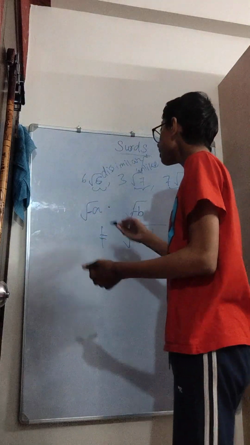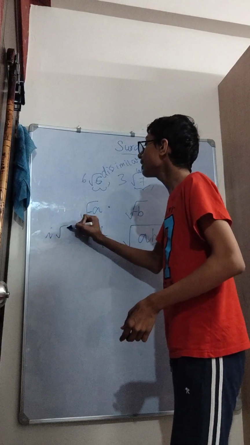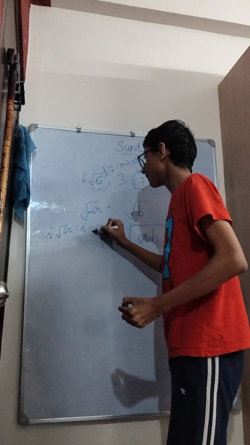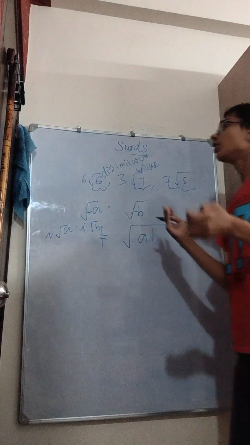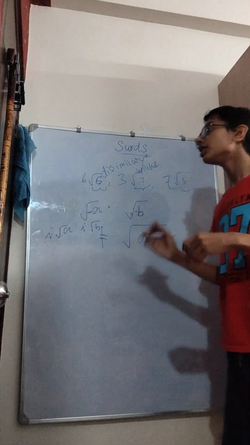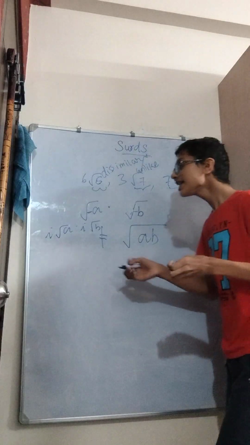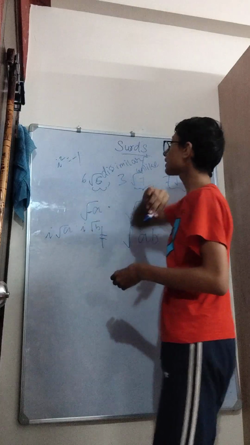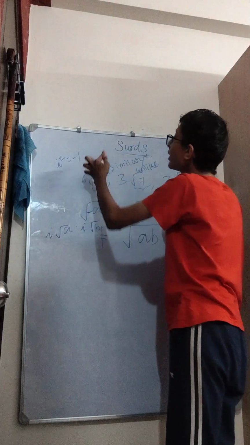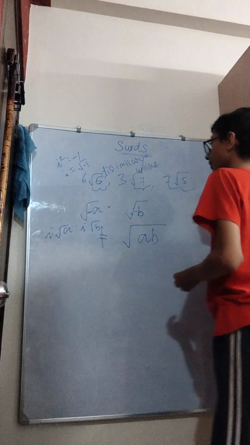Here we have to take this as i root A into i root B. You learn this in complex numbers, so don't worry about it now. i squared is minus 1, and i is the square root of minus 1.